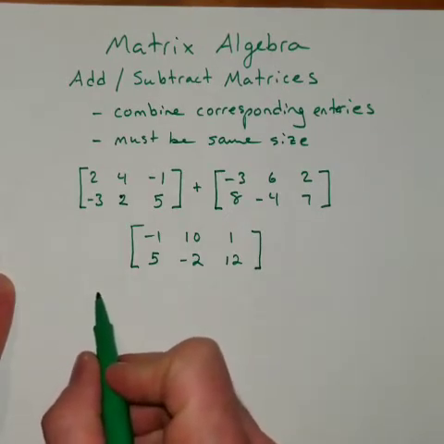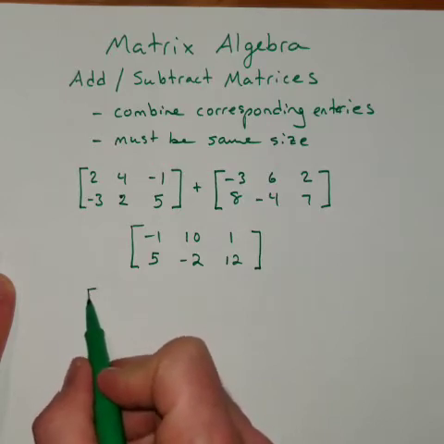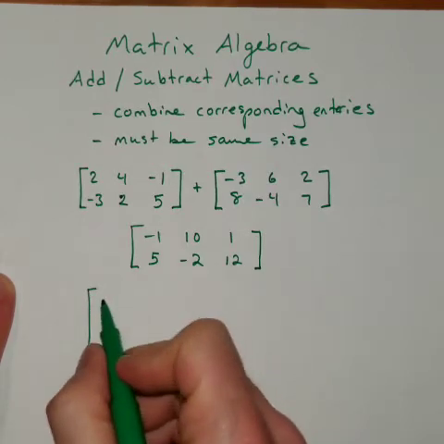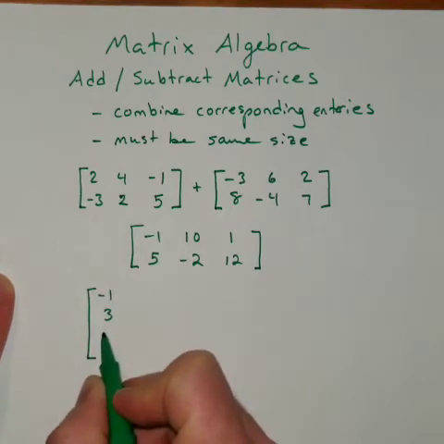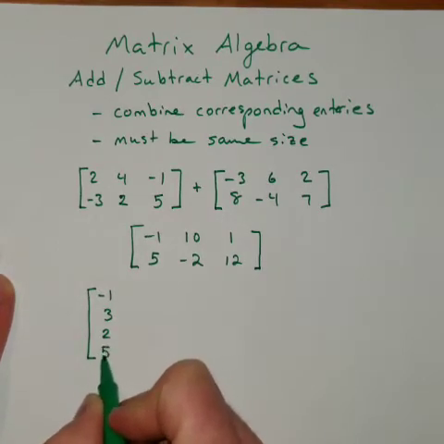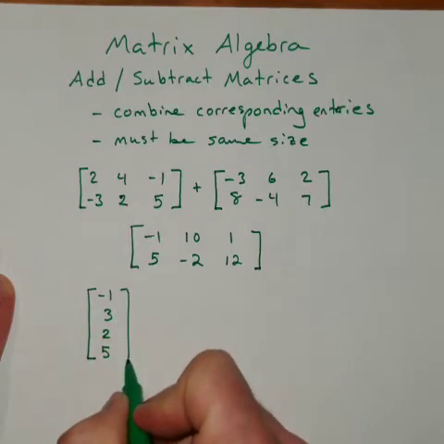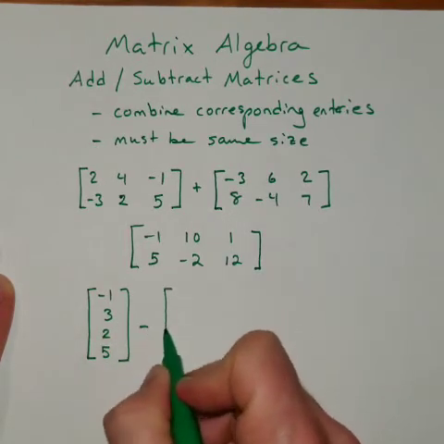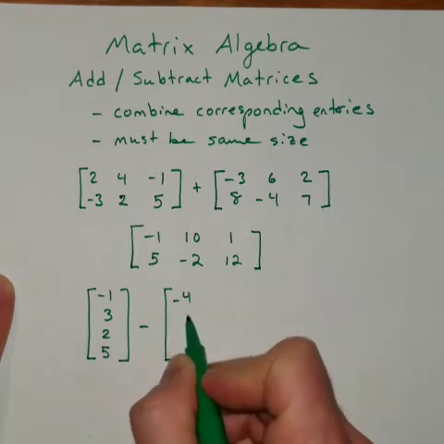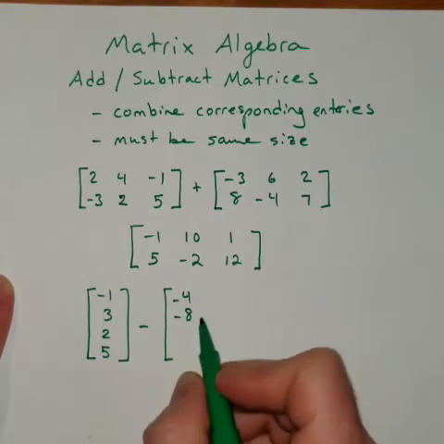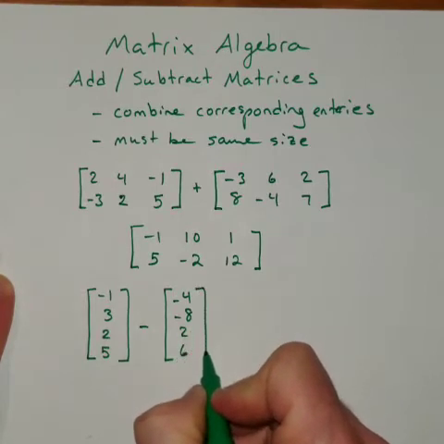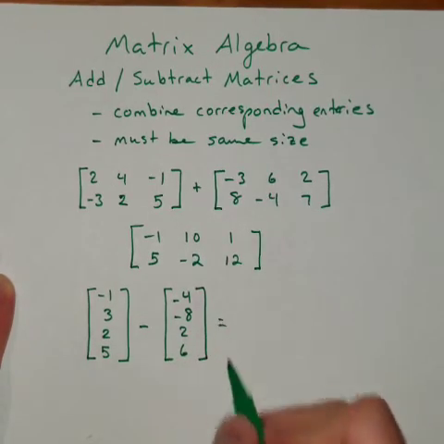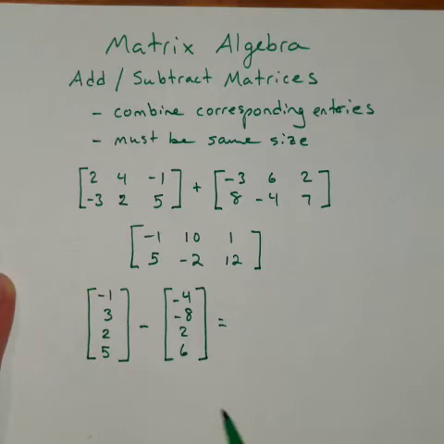Let's go with 1 by 4 or something here. Let's go negative 1, 3, 2, 5, and let's subtract negative 4, negative 8, 2, 6. Okay, so on this one, we're just again going to combine corresponding entries.